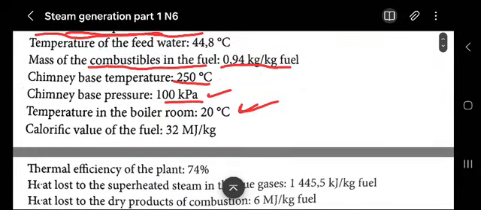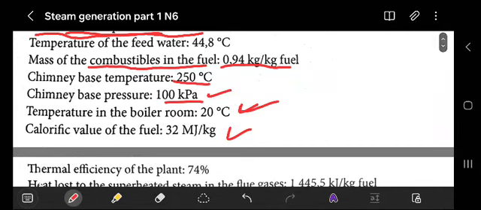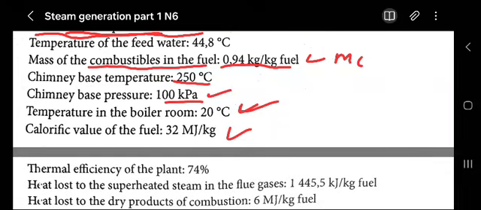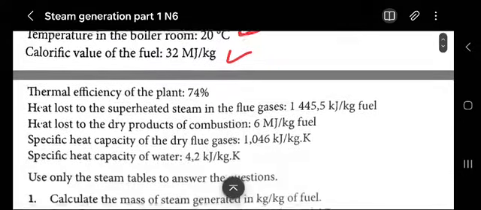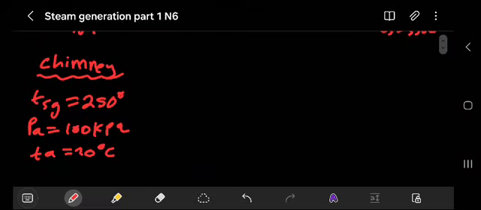Then we have fuel capacity, we have specific heat capacity. Okay, here this is the mass of the combustible flue, MC.